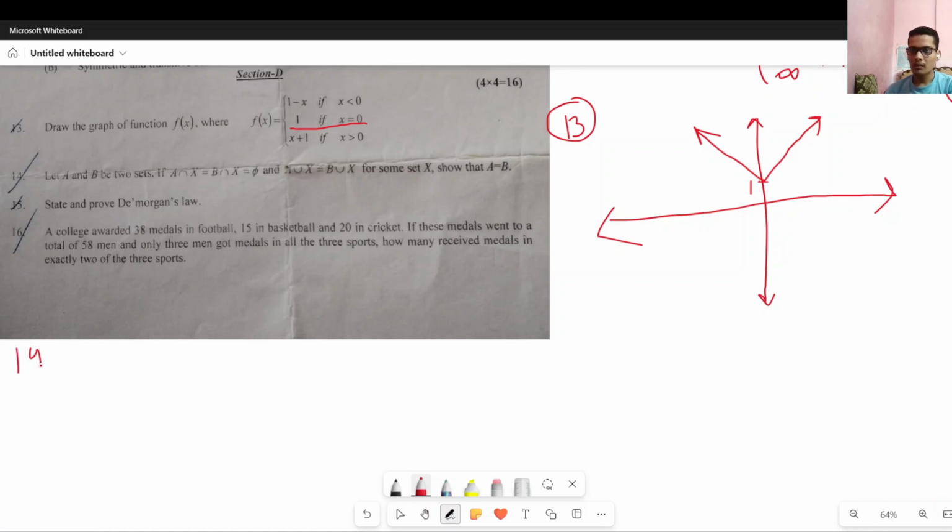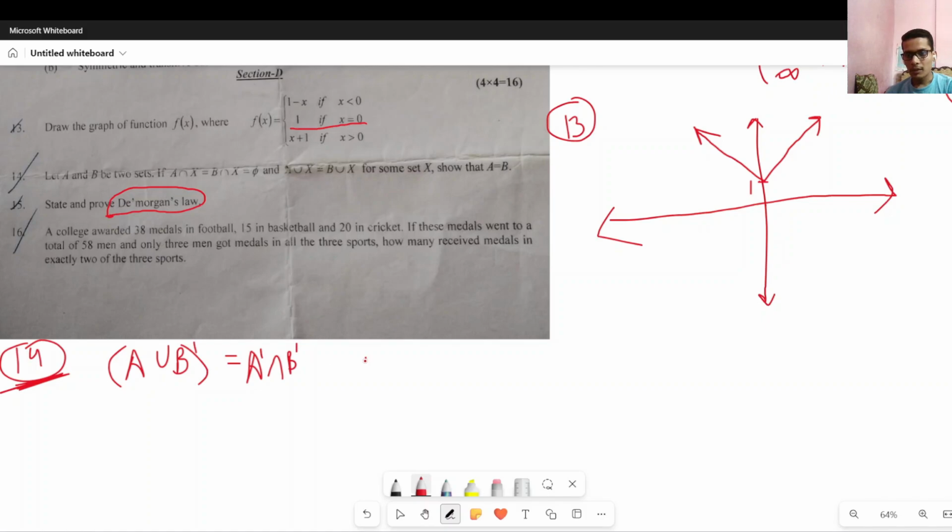Question number 14 is also very simple, and a question of your miscellaneous exercise, related to De Morgan's law. I hope you all know what is the De Morgan's law. De Morgan's law states that (A union B) complement will be equal to A complement intersection B complement.